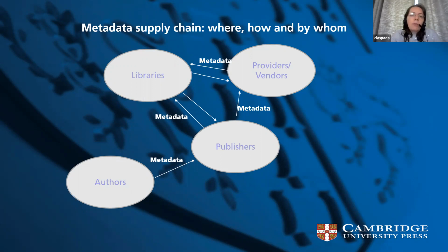Speaking of the libraries who use the metadata given by the publishers and then share it back with the publishers, we have a perfect example of it with what the Library of Congress is doing with many publishers, among them Cambridge University Press. What they do is they use the metadata that we send them for our print books, and then create MARC records for them, and then send that metadata back to us.